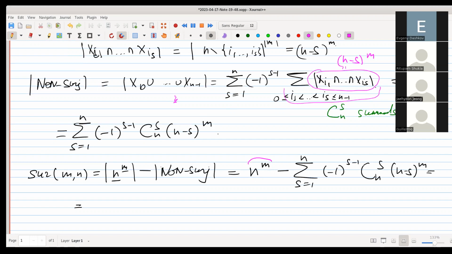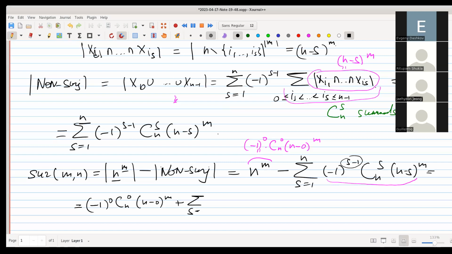But this term can be described as a term of this form. It is minus 1 to the power 0 multiplied by n choose 0. And here we have n minus 0 to the power m. Do you agree? This minus changes this exponent.